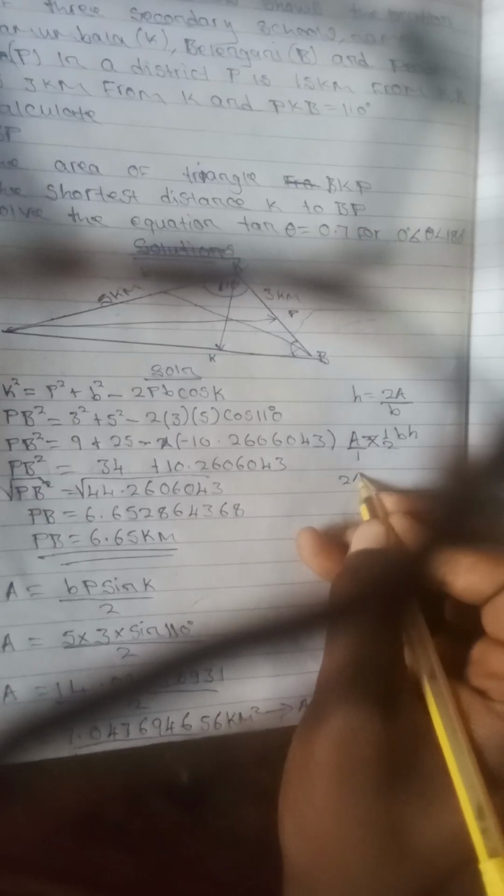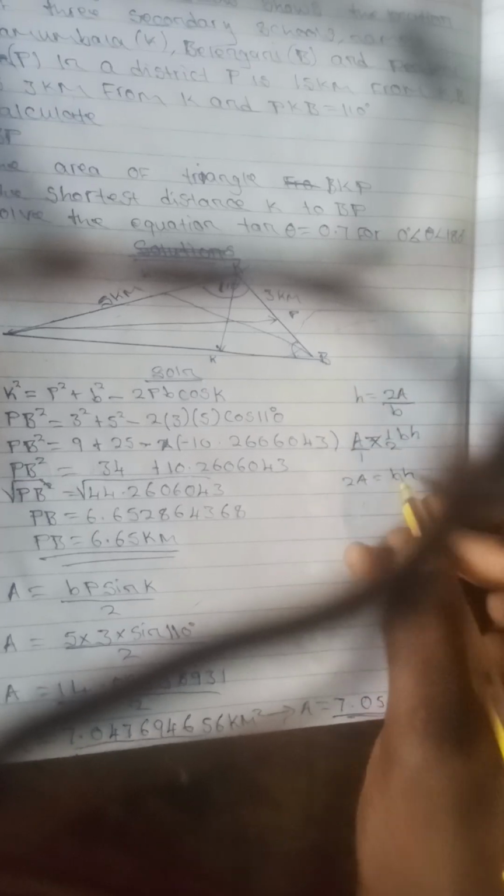A times 2, we have 2a. 1 times this, we have bh. Then we want to remain with h, so we are going to divide by b, then also here b. So h is equal to 2a over b. This is where this formula is coming from.